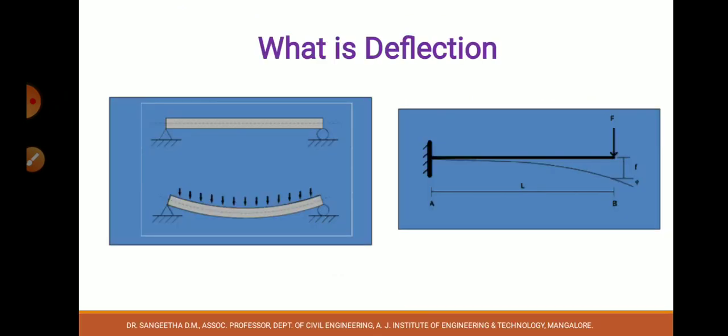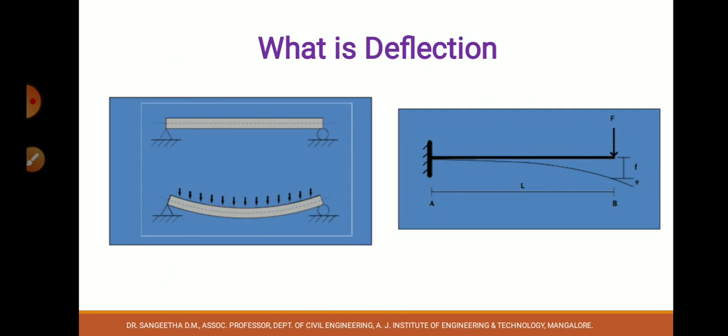First of all, before getting into the content, what is deflection? If there is a beam which is subjected to different loads, it may be a point load or a UDL, a beam which is subjected to loads undergoes deformation.